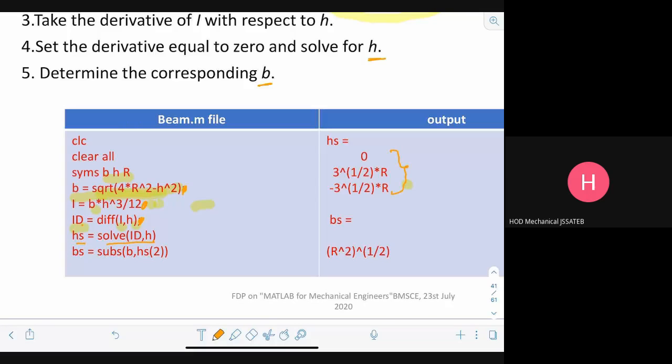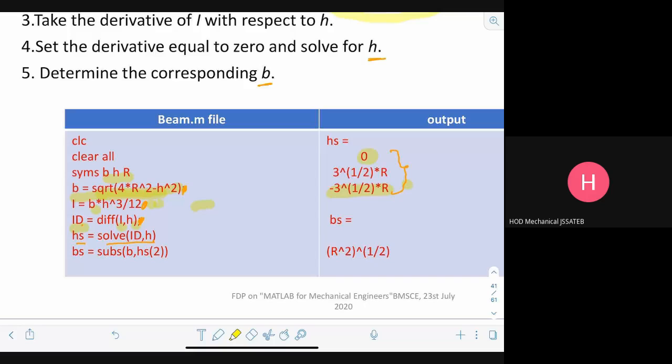So try this example. Remember, you can remove the semicolon to see what are the intermediate values that you're going to get. And when you solve ID, which is the expression that you got by differentiating I with respect to H, you would have got three values. Now, the negative value is a trivial solution, means it is not of practical importance because you cannot have height to be negative.